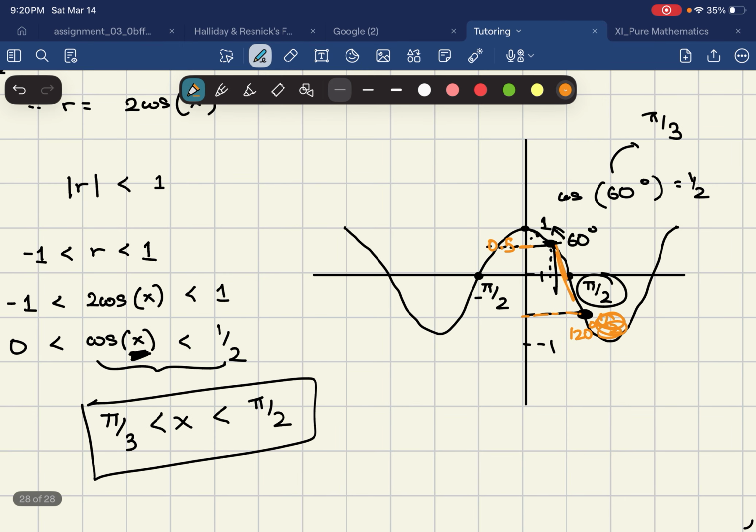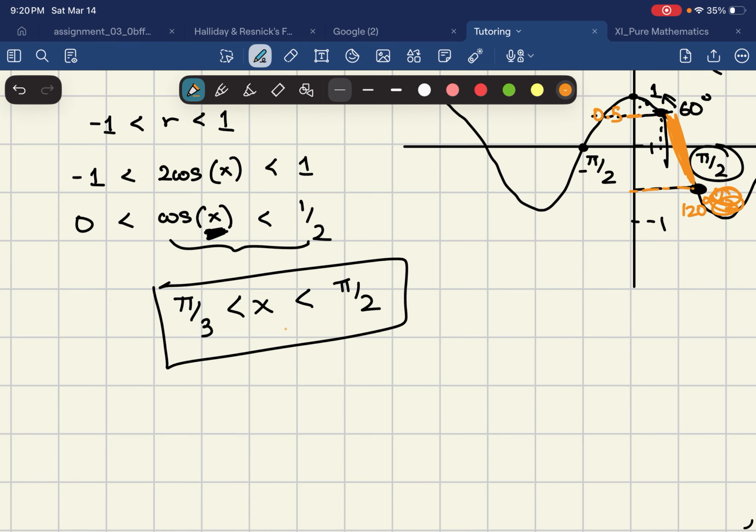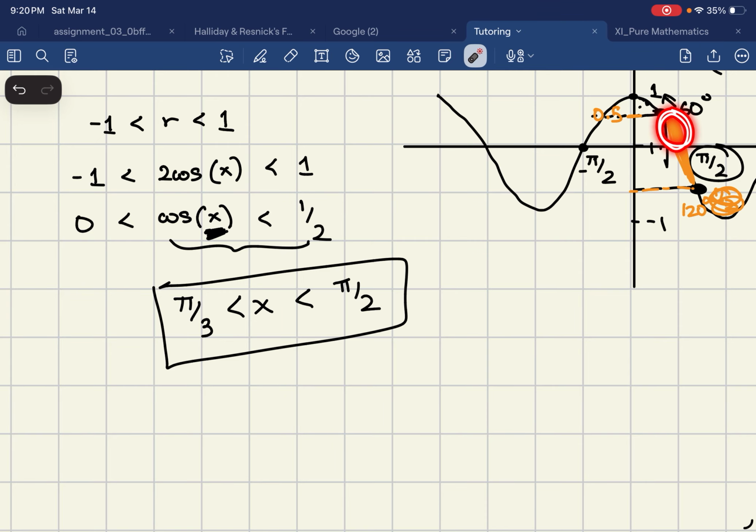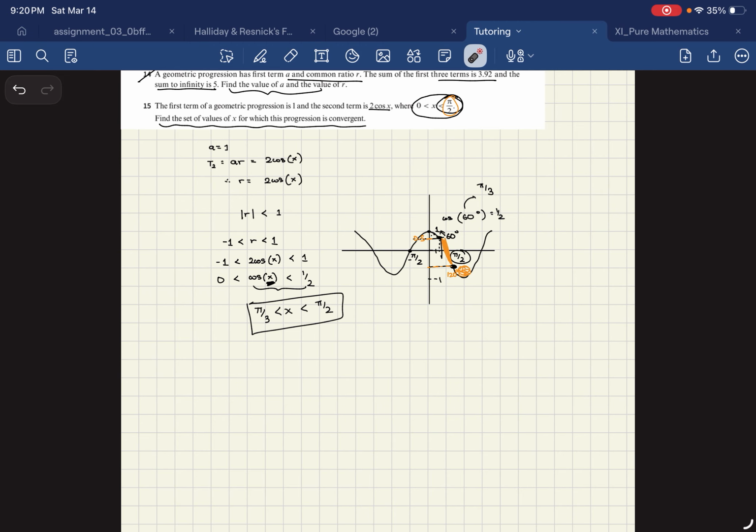So as long as your angle is between these, your cosine of that angle is between -1/2 and +1/2. But because we're restricted to the first quadrant, our angle has to be less than 90 degrees, pi by 2, but bigger than 60. So it has to fall in this range for the condition to be satisfied, for the series to converge.